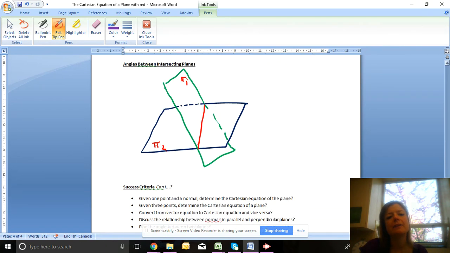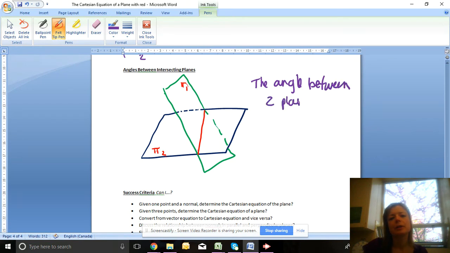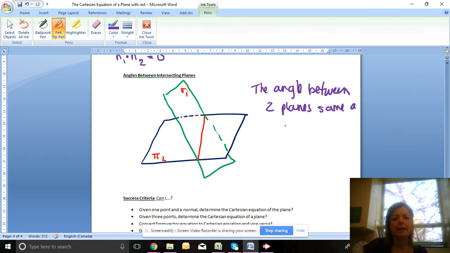Finally, one last thing. If you have 2 planes that intersect, not necessarily at a 90-degree angle, think about it. The angle between the 2 planes is the same as the angle between the normals.